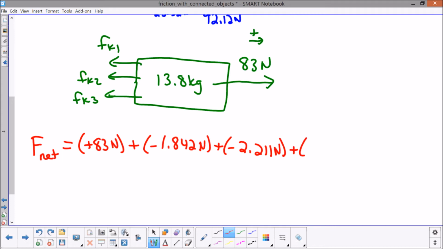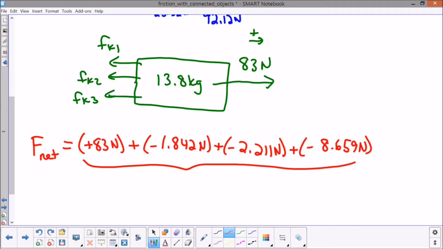And I have friction force 3, which is negative 8.659 newtons. And together, if I add all those together, I get 70.288 newtons. Again, 83 plus the 3 negative forces ends up being 70.288.